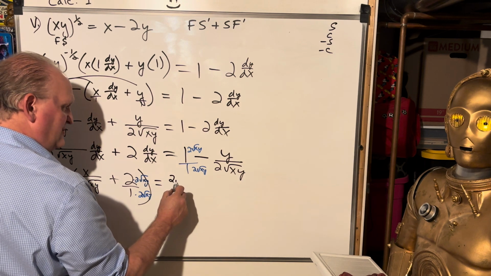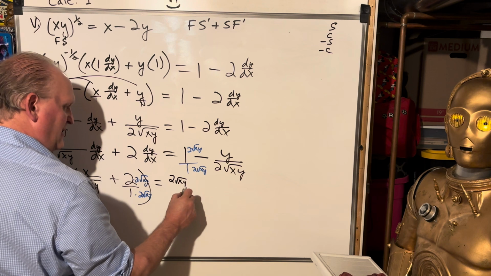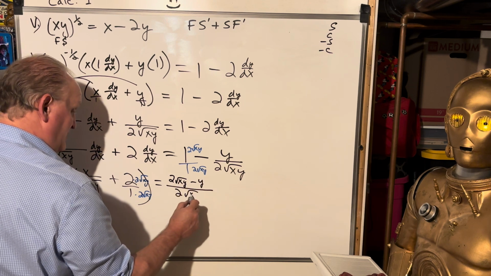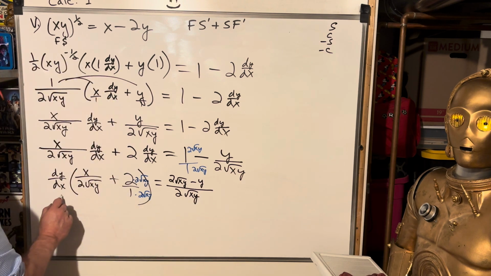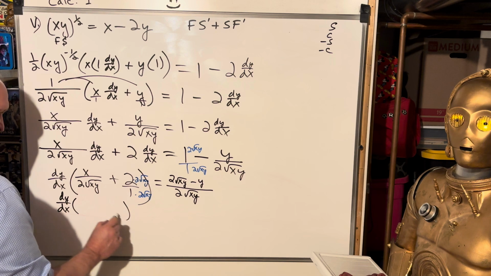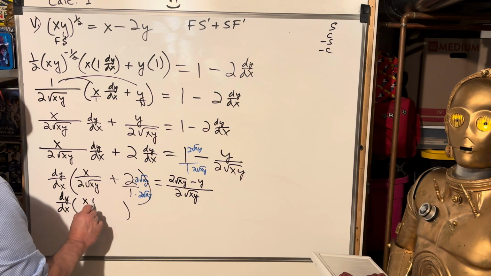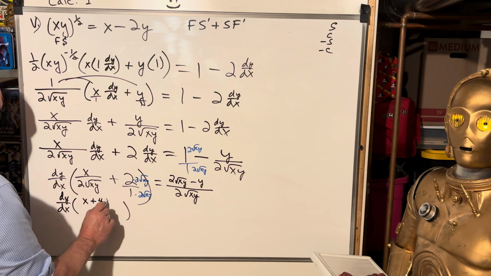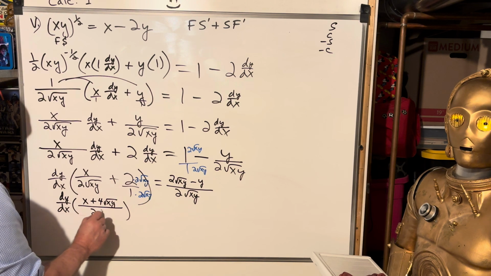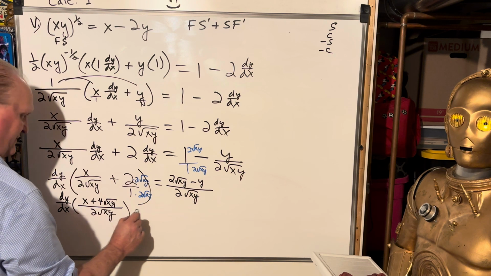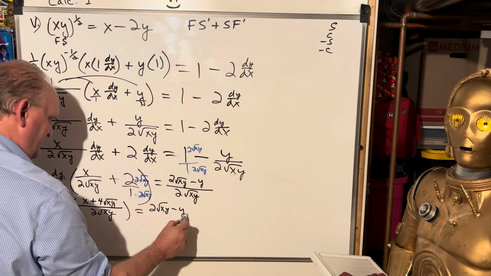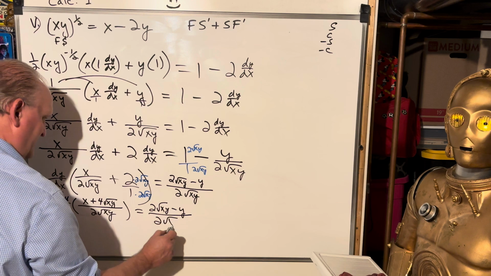We got 2 square roots of xy minus y over 2 square roots of xy. And here dy dx times x plus 4 square roots of xy over 2 square roots of xy.